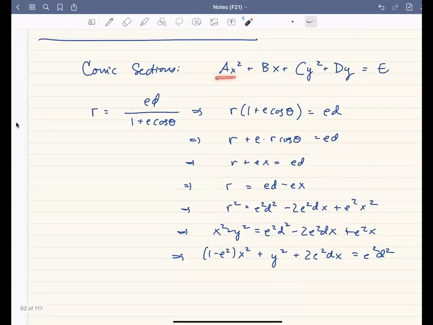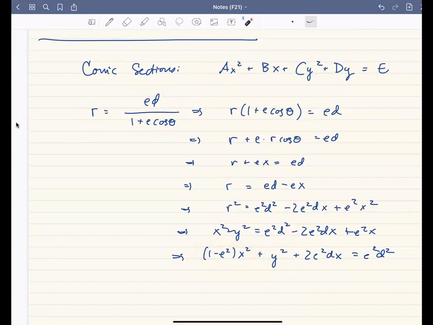If a and c have the same sign, if they're both positive or both negative, then you get an ellipse. And here the y squared term is positive just because we were working with one particular expression. So if e is between 0 and 1, you really do get an ellipse.